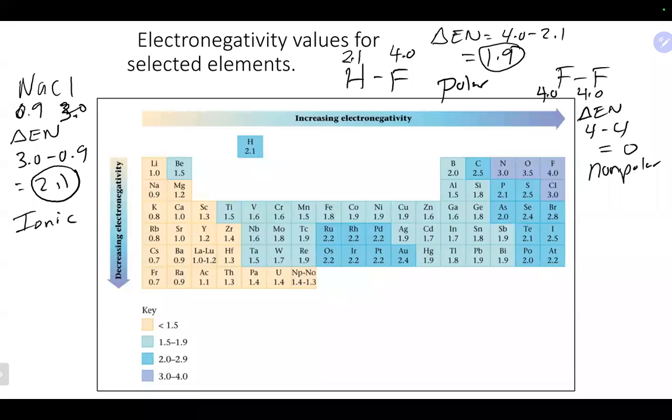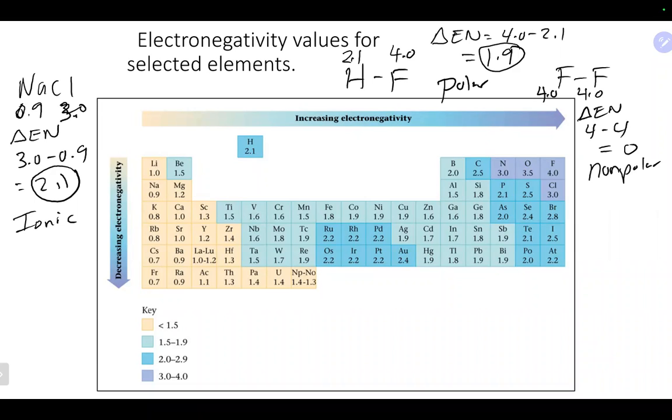But really speaking, 0.4 means there's still a little bit of unequal sharing happening there, right? But with a difference of 0, it's perfect equal sharing that occurs. So even though technically up to 0.4 is not perfect sharing, it is still considered enough to be nonpolar. But definitely a difference of 0 is perfect equal sharing of electrons.